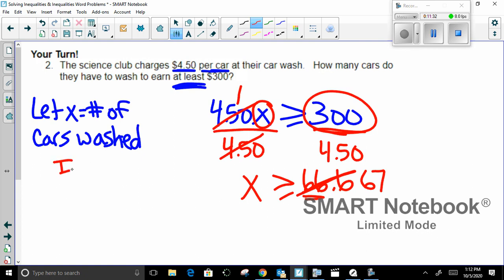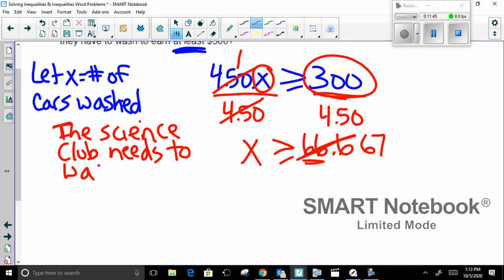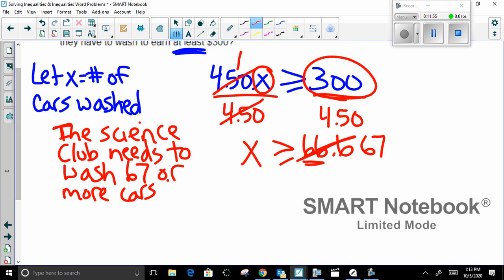Or the Science Club needs to wash 67 or more cars to earn at least $300.